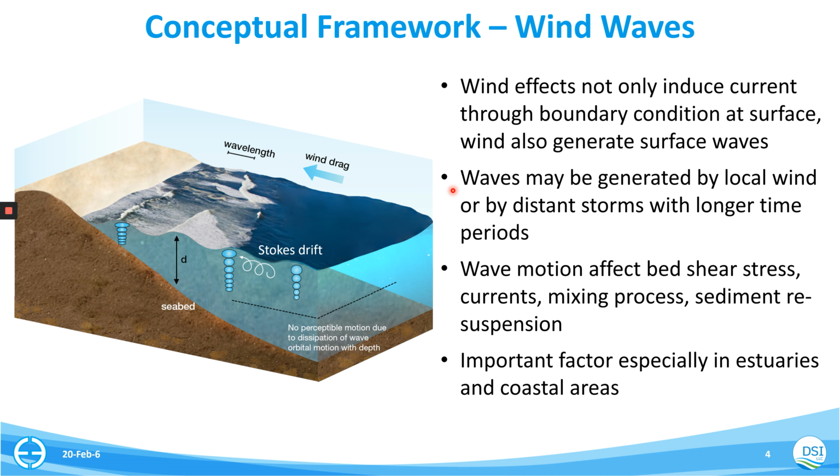As wind blows across a water surface, because of friction between the air and water, it can start to drag water along, and by itself it can cause currents and recirculations over reservoirs and lakes.